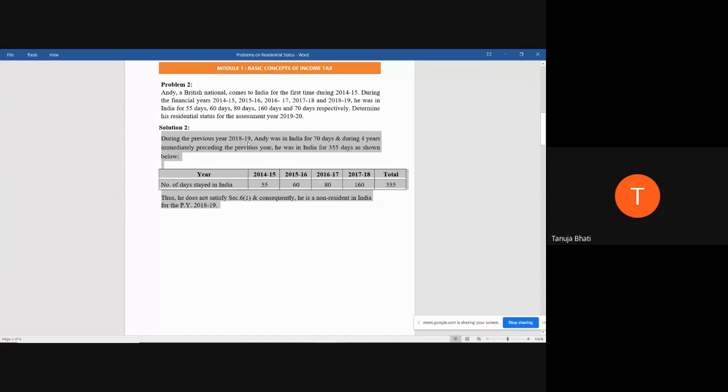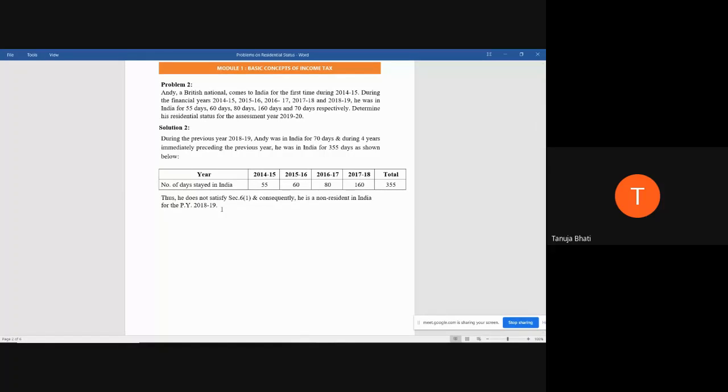During the previous year 2018-19, Andy was in India for 70 days, and during the 4 years immediately preceding the relevant previous year, he was in India for 355 days as shown below. Thus, he does not satisfy the conditions specified under section 6 subsection 1, and consequently he is a non-resident in India for the previous year 2018-19.